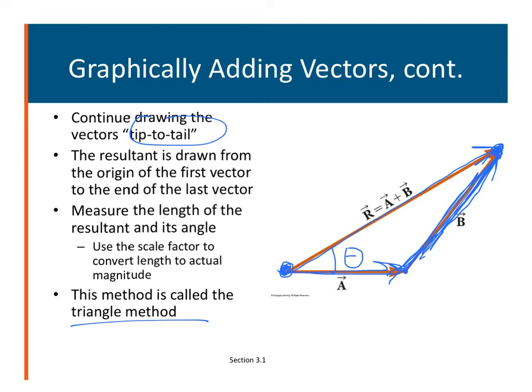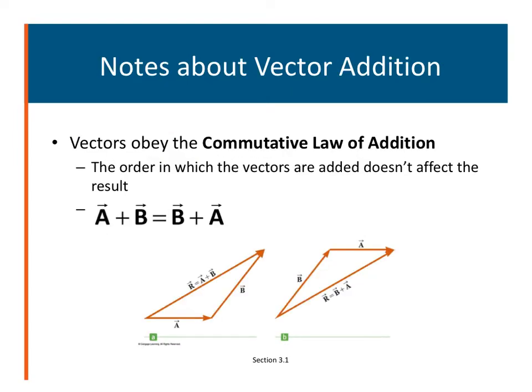One thing to mention about vectors, just like in adding scalars, there is a commutative law of addition. So A plus B is equal to B plus A. And we can look at this graphically here. If we have vector A and then add vector B, we get this resulting vector R right here.